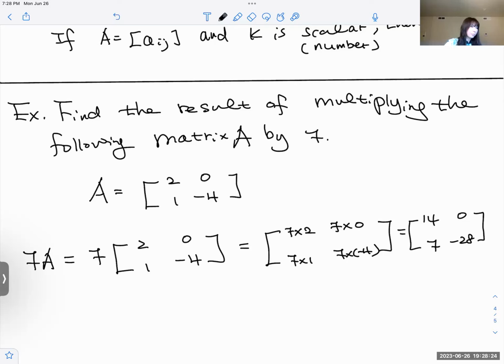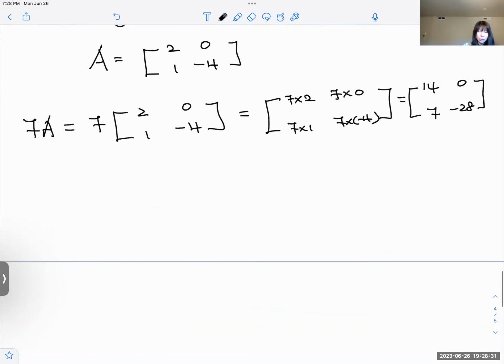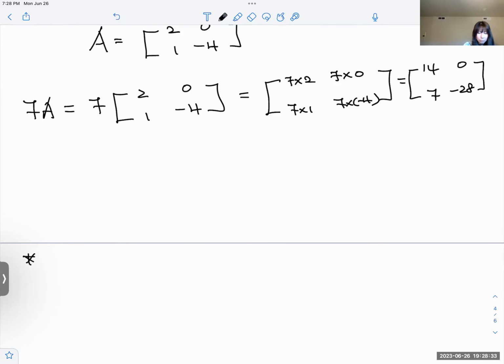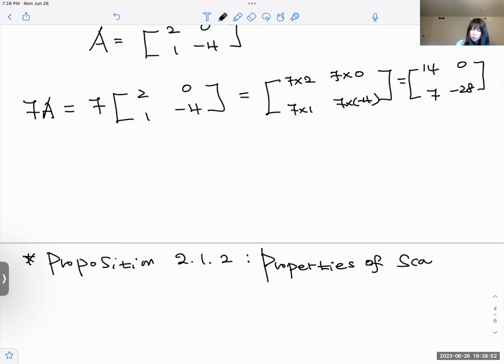Okay, now we have properties for scalar multiplication too. So let me write down Proposition 2.1.2, properties of scalar multiplication.